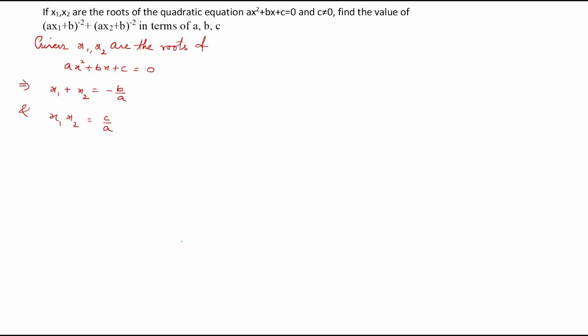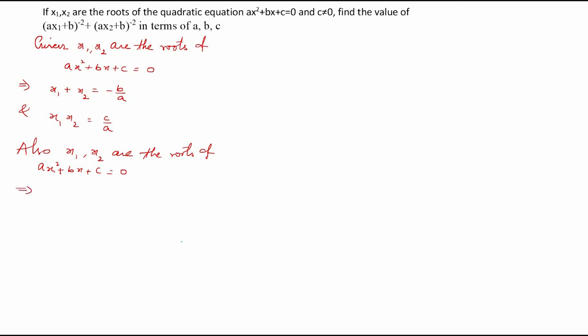So x1 comma x2 are the roots of the equation. We have roots as well as the equation. We always can depend on sum of the roots and product of the roots condition in order to solve and find the value of this term. This is one case. Also, we can use one more concept here, like also x1 comma x2 are the roots of ax square plus bx plus c equals to 0.